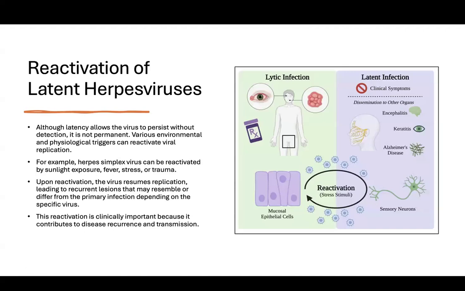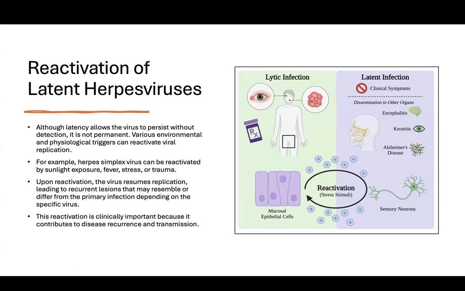And then when you have this latency where you have zero viral replication, suddenly, as we just said, a stress can reactivate them. Again, this stress can be many different things. In herpes simplex viruses, we know that these stresses can be sunlight, fever, stress, or trauma.